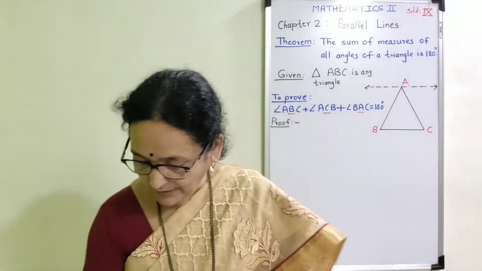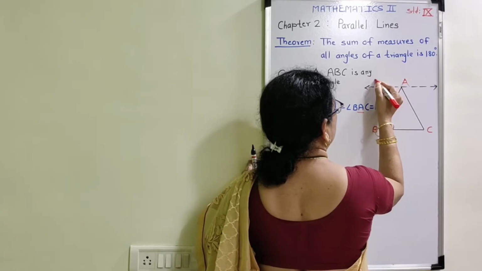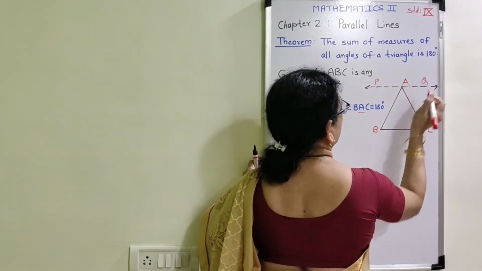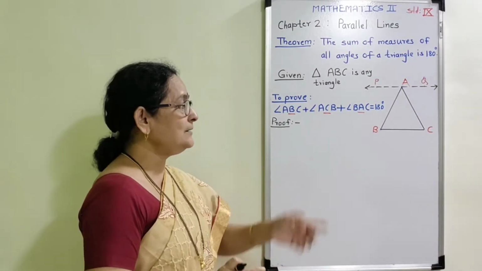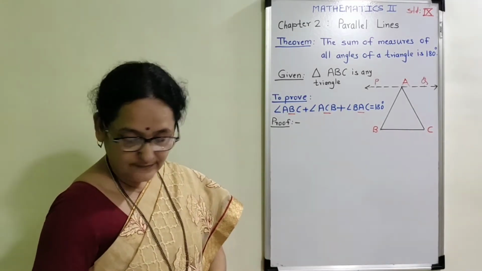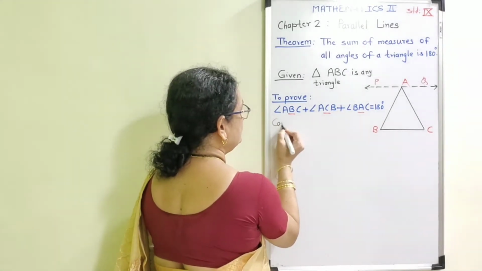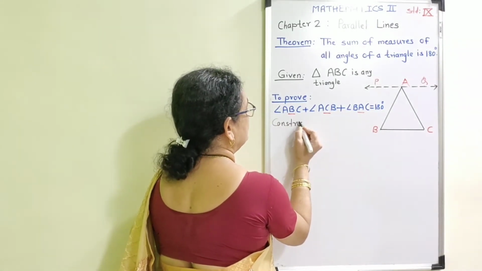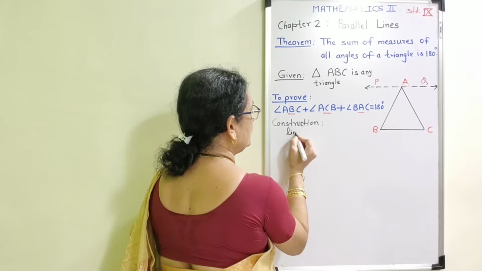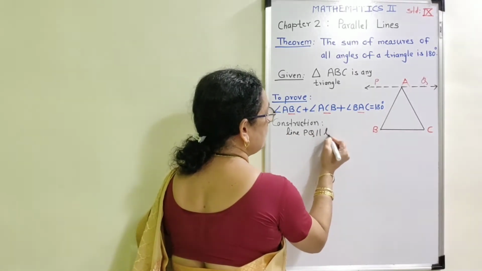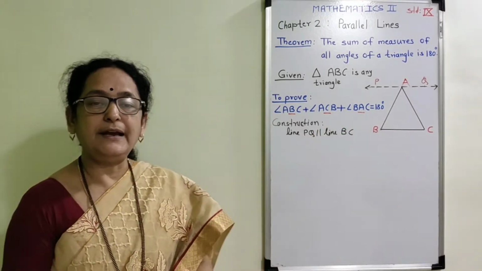In our textbook they have given the name that this line is PQ. That line PQ is passing through vertex A, and that line is parallel to side or line BC. Now we are going to write the construction. I am going to write in short that line PQ is parallel to line BC. This is my construction.